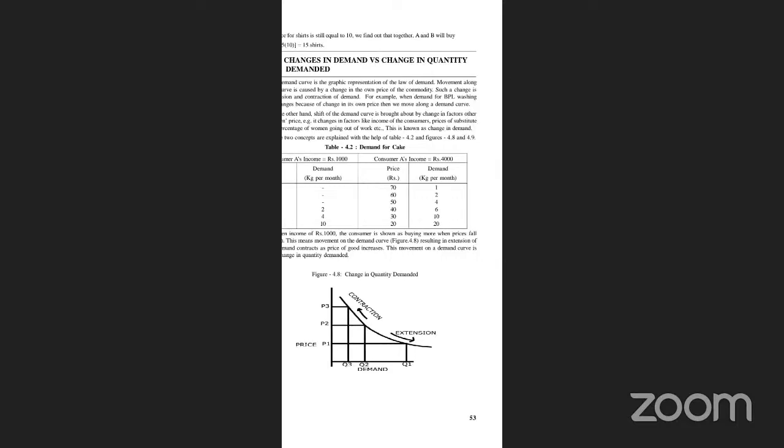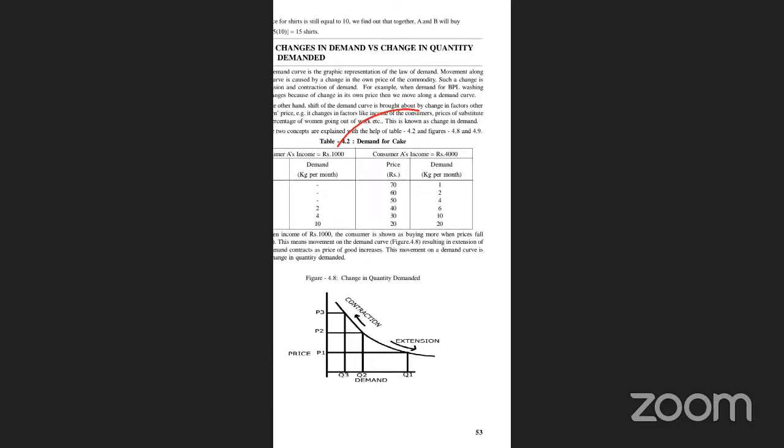On this side, if you see income level rising from 1,000 to 4,000, right? When the ability to buy is increasing, it is having an impact on the demand. Price is 70.